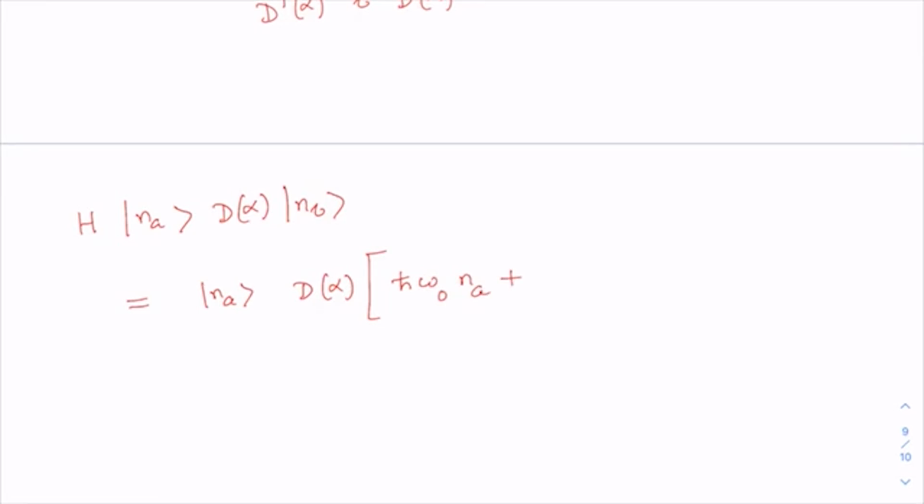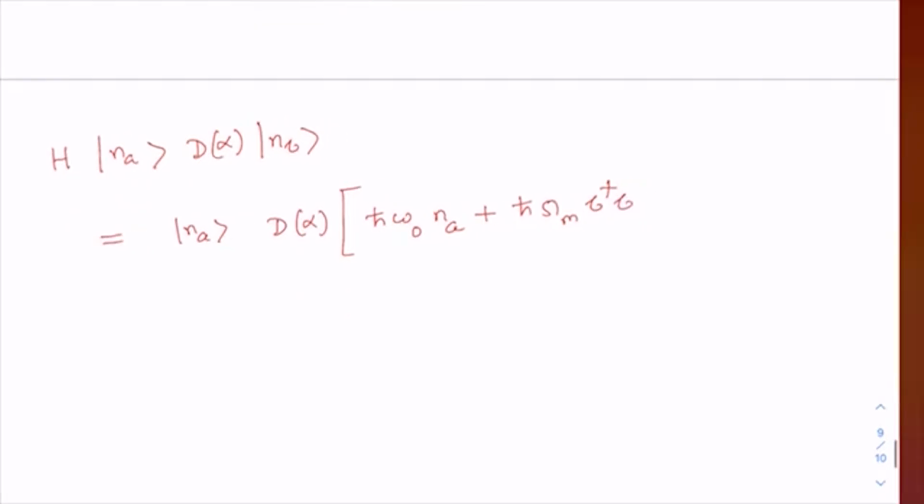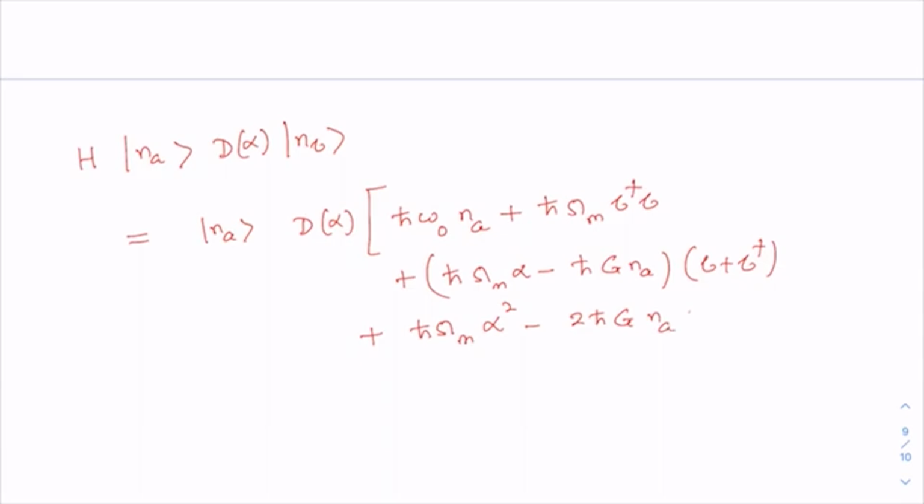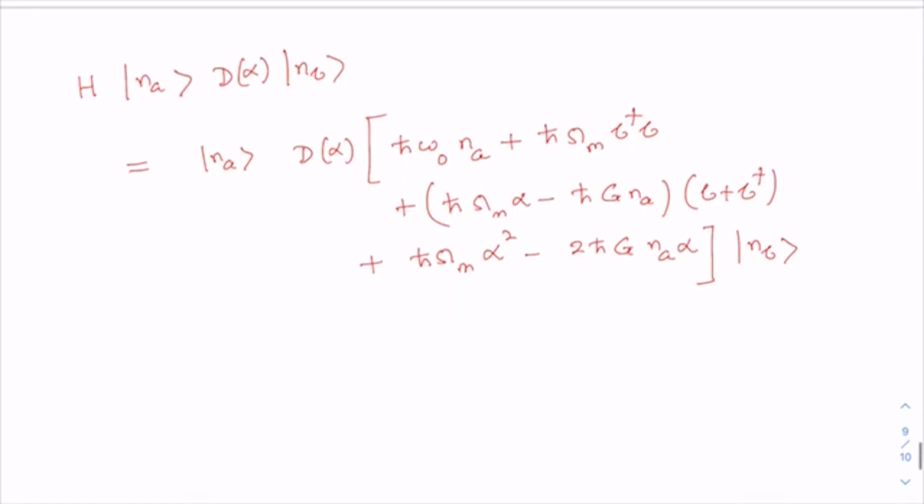We'll have h cross omega 0 Na plus h cross omega m b dagger b, plus (h cross omega m alpha minus h cross z Na) as the coefficient of (b plus b dagger). Then we'll have terms h cross omega m alpha squared minus twice h cross z Na alpha, and here I have Nb. I encourage you to do this.